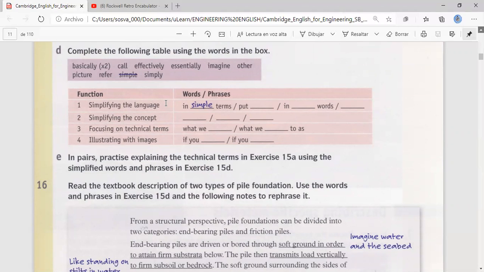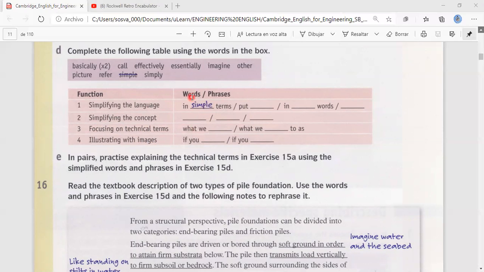So, we have 4 different tips, 4 different functions when we want to explain in colloquial language. So, we talk about simplifying the language, simplifying the concept, focusing on technical terms, and illustrating with images. Use maps, planners, stuff like that.